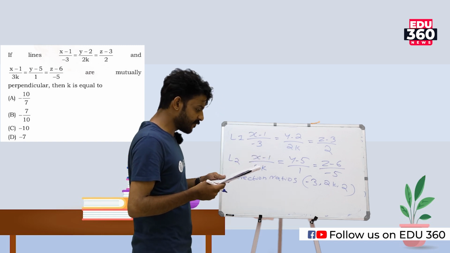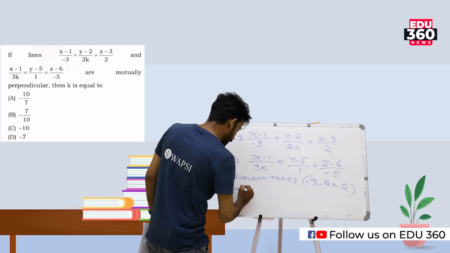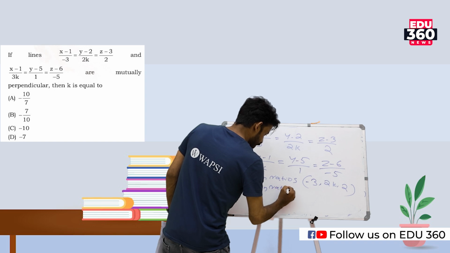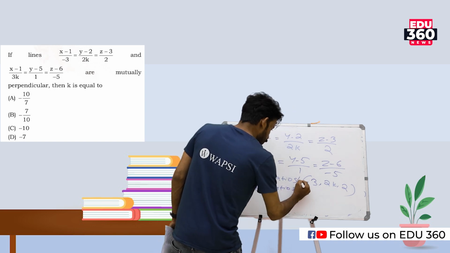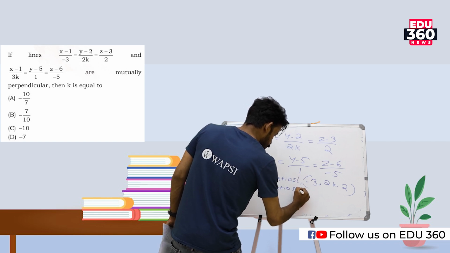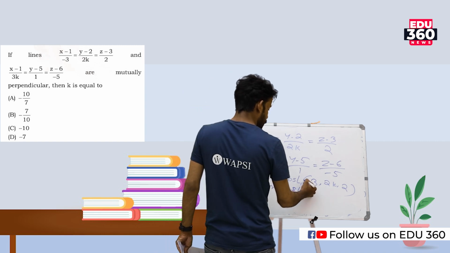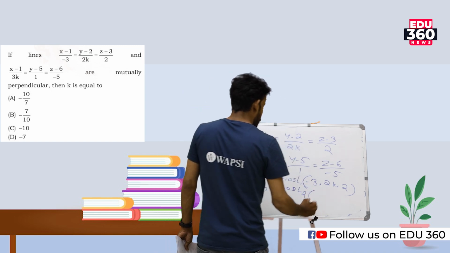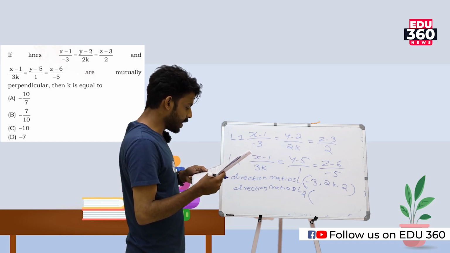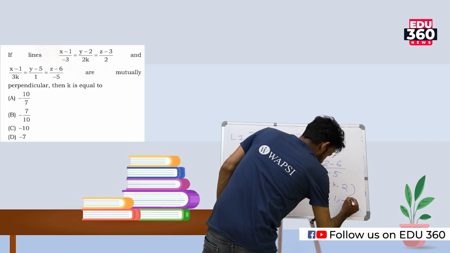And the direction ratios of L2 are 3k, 1, minus 5.